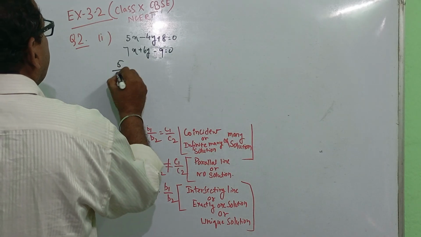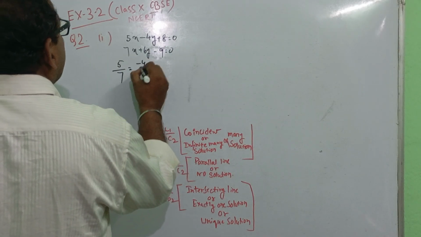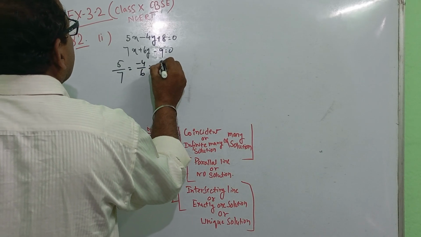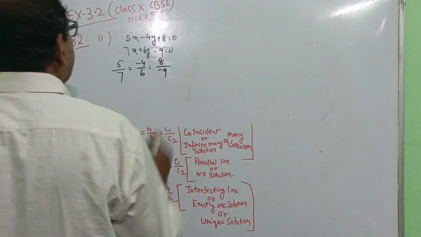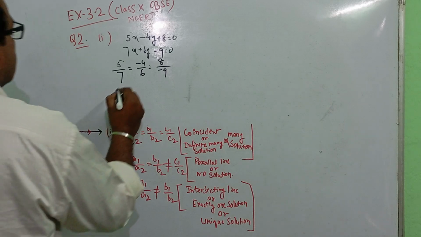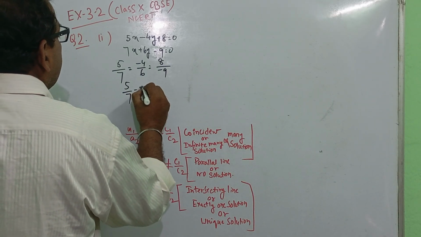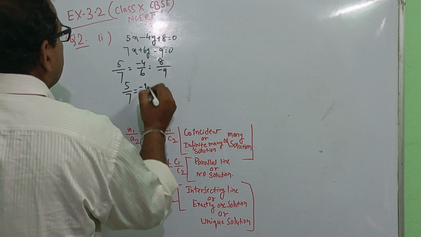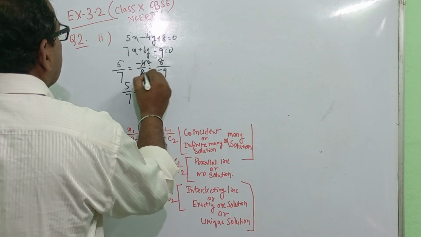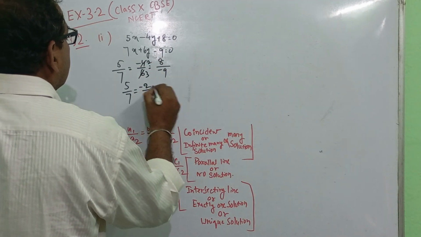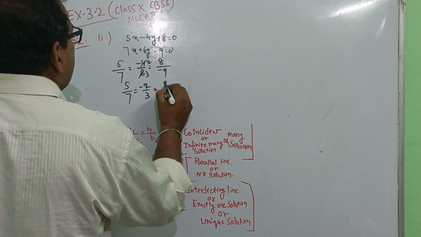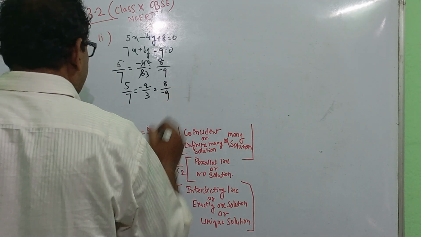That is 5 by 7, minus 4 by 6, 8 by minus 9. Now what is this? 5 by 7 is not equal to minus 2 by 3, and that is 8 by minus 9.